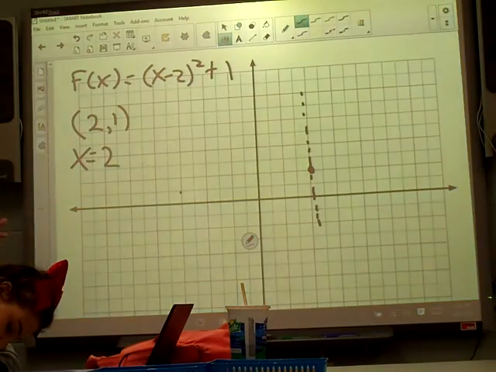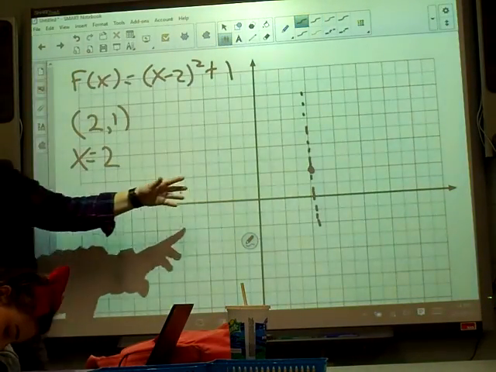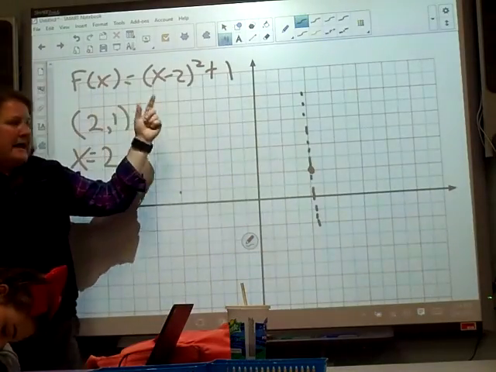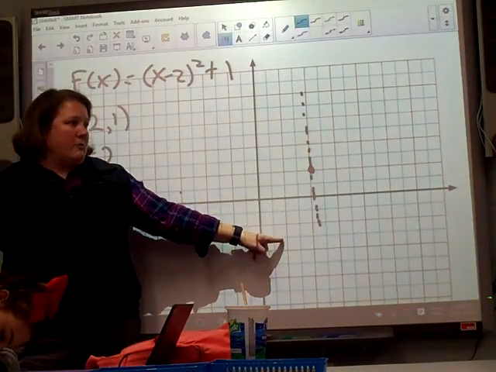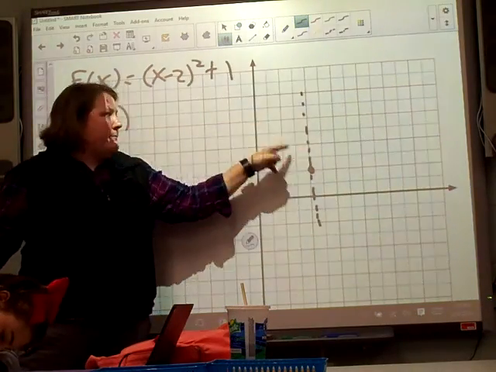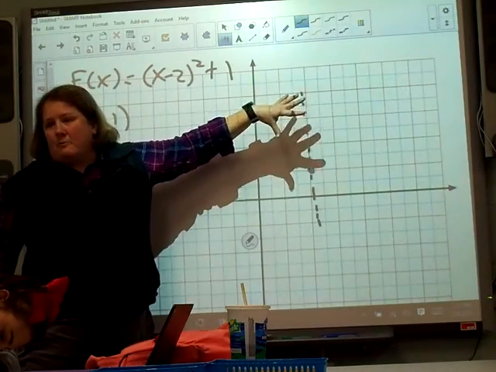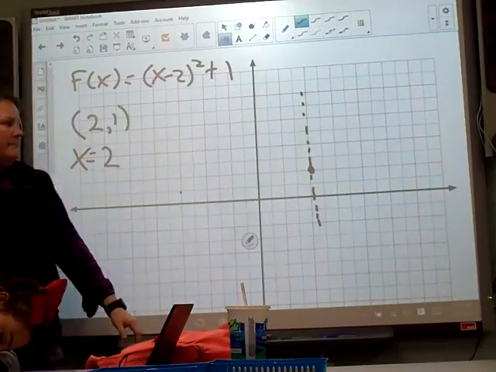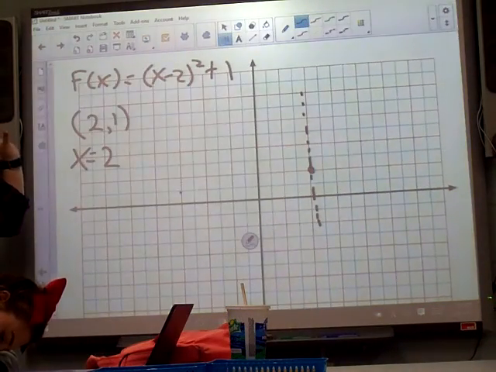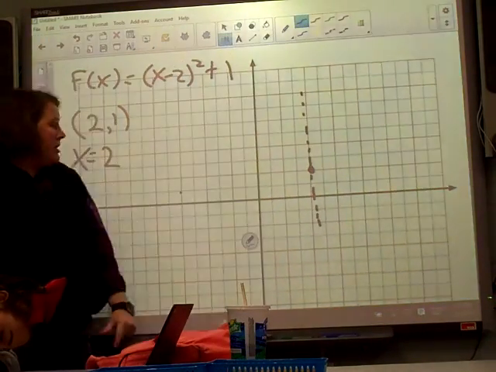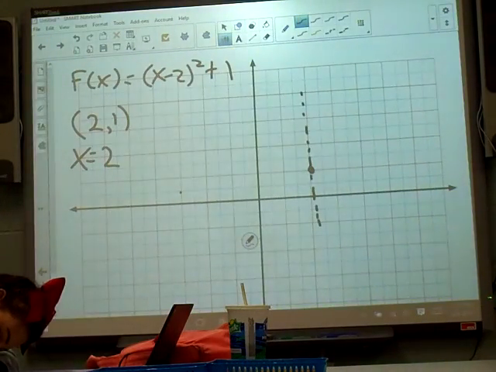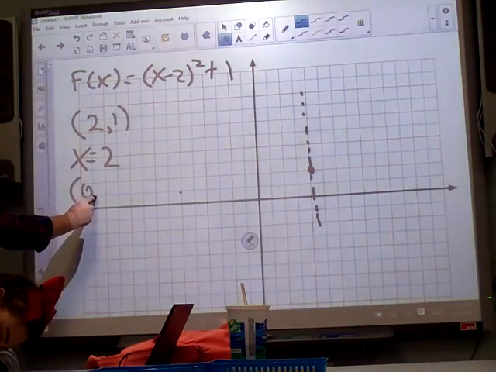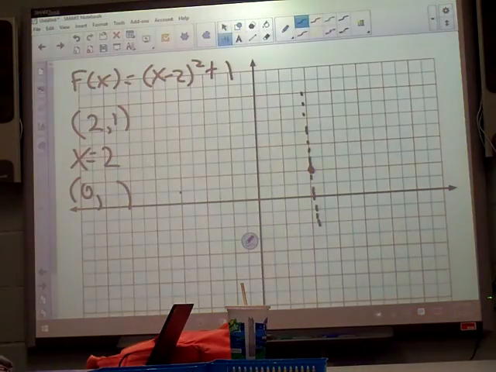Okay, the reason I want to talk about that: if I pick some point and plug it in, and it ends up down here from my vertex, I'll know I've screwed up, right? This thing's going to open up. My other point's got to be up here somewhere, right? So I can pick any x I want to plug in now, except for 2, because I already got 2. How about my fave, 0. Let's plug a 0 in that thing.